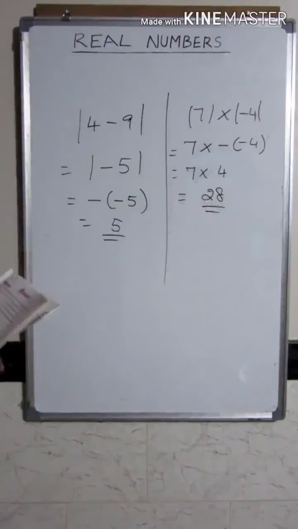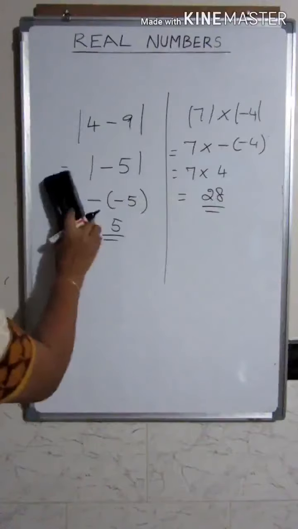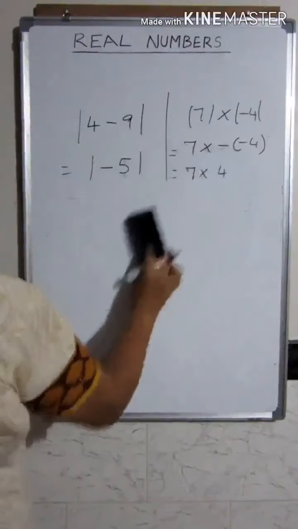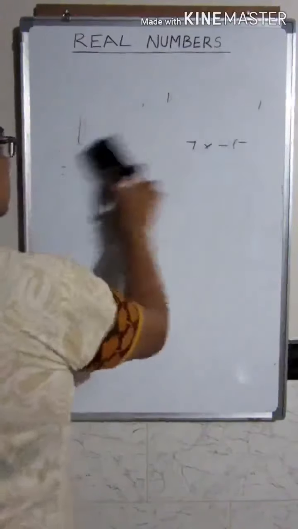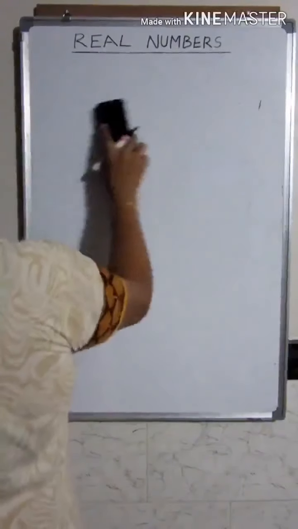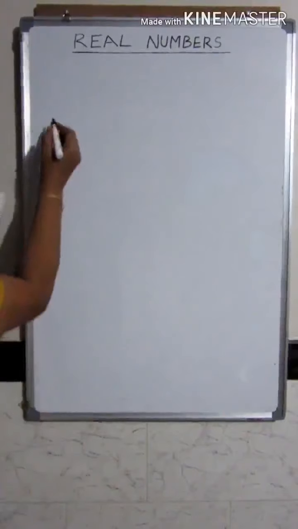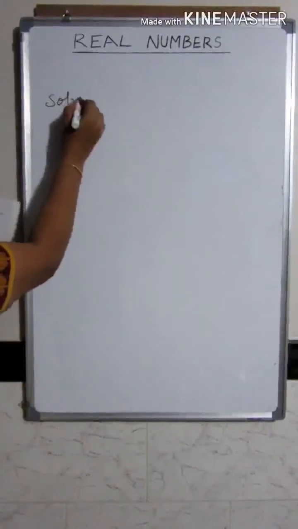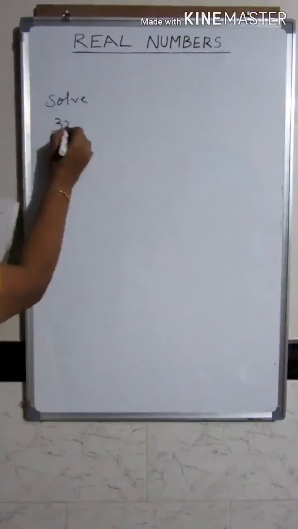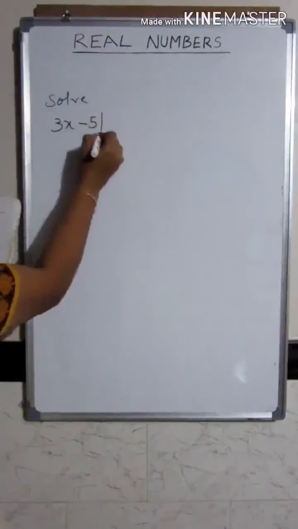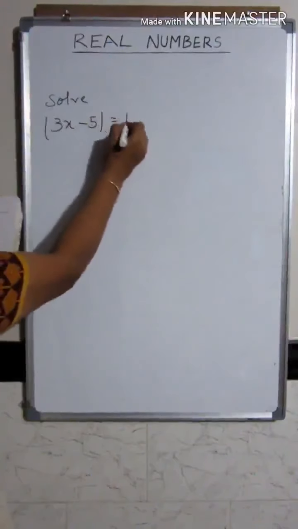The next type of problem is solve. You have to solve the given absolute value equation where you have got a variable in it. The problem given is solve the absolute value of 3x minus 5 equal to 1.